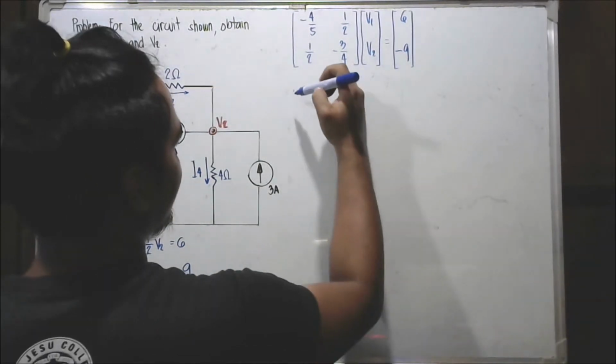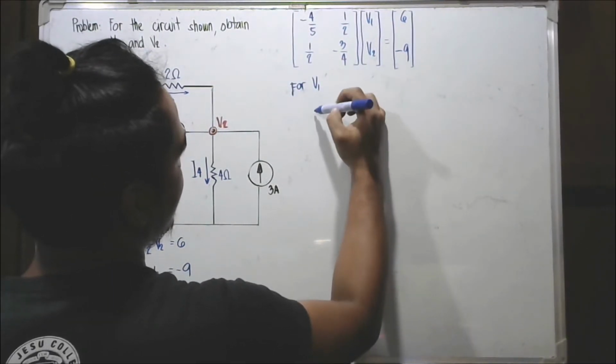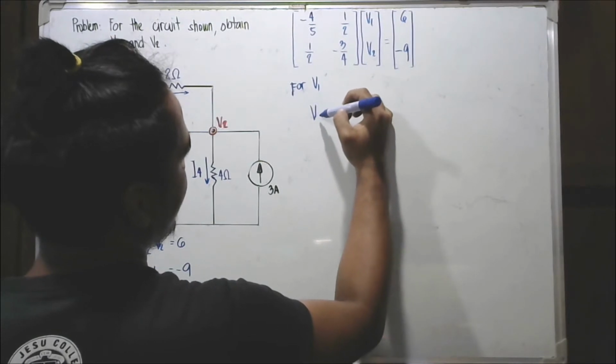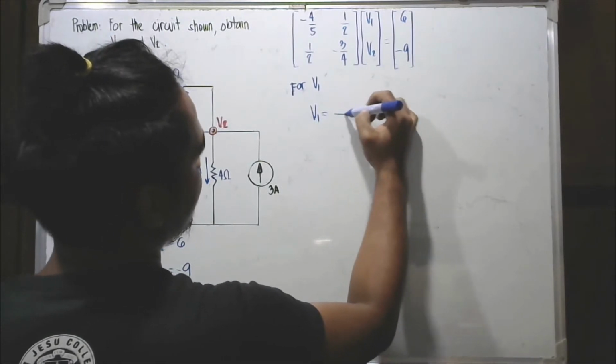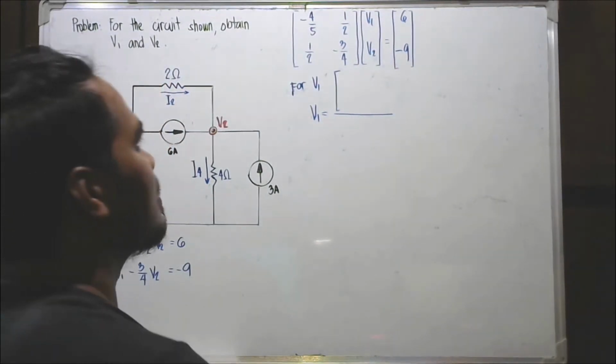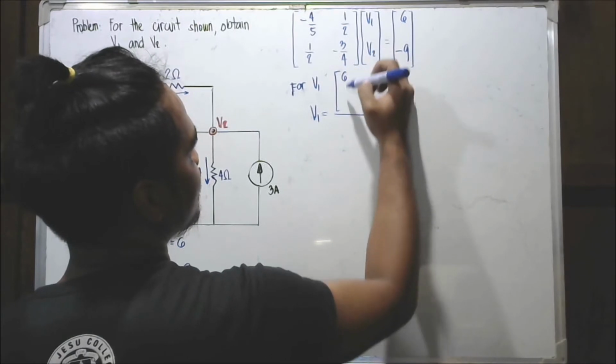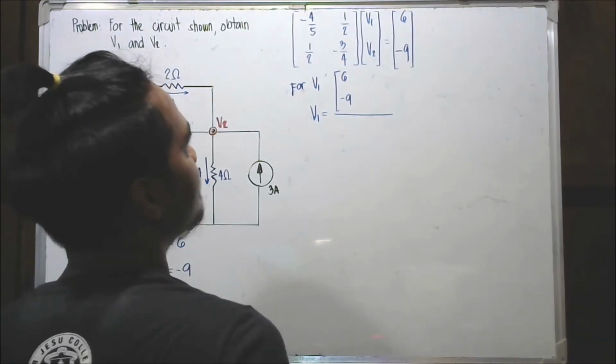So solving for your V1 by Cramer's rule, so we have V1 is equal to, replace the first column by your constant elements, so you have 6, negative 9.